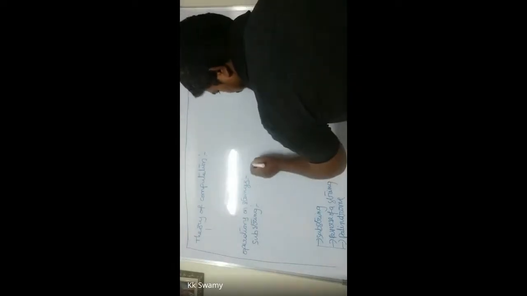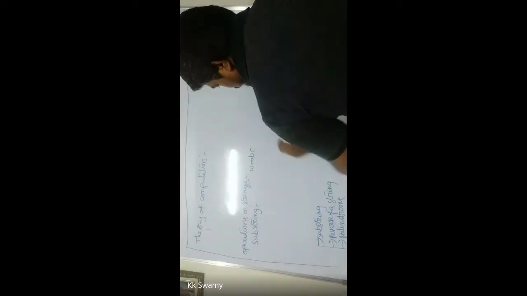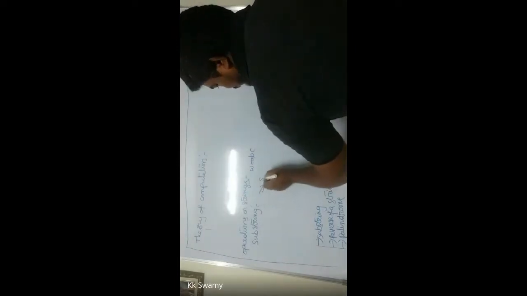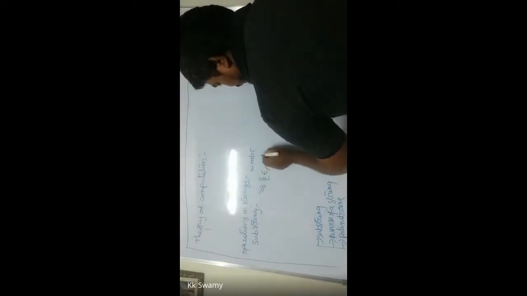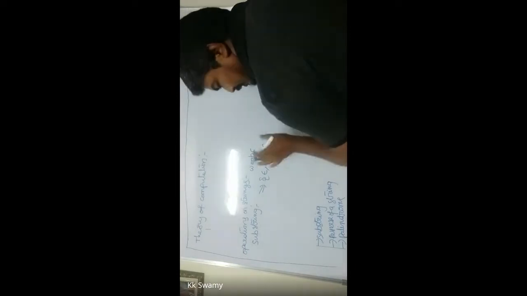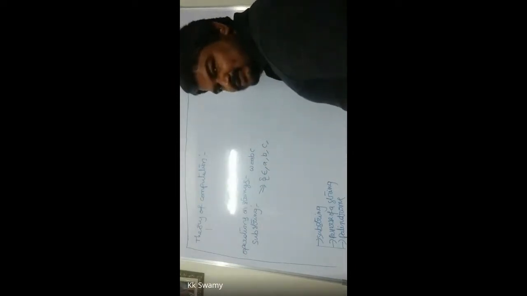Suppose W equals ABC. What are the substrings here? Epsilon, A, B, C, AB, BC, ABC. A sub part of the string is called a substring of the string.